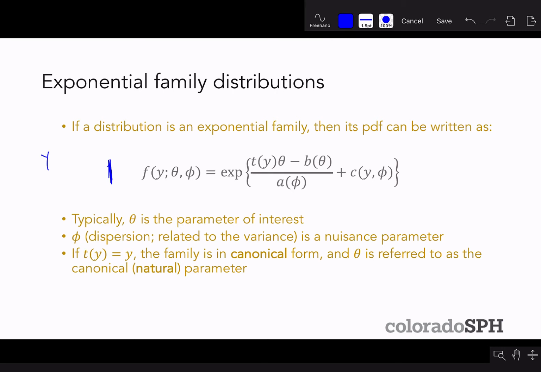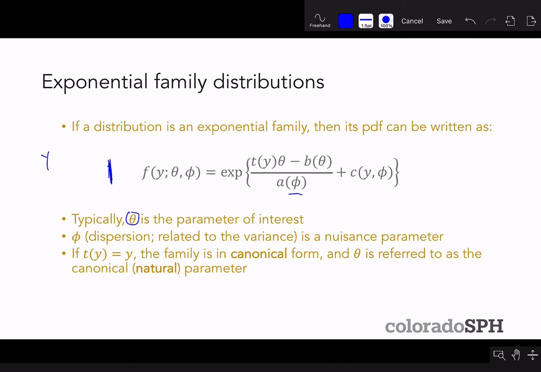In this form, generally theta is the parameter we're interested in. That parameter is equivalent to mu in the normal distribution, as you'll see in a few slides. And then phi is called the dispersion parameter, which is related to variance. That's generally speaking a nuisance parameter. Nuisance parameters are parameters that you have to somehow account for in analysis, but they're not really the parameter that you're interested in.